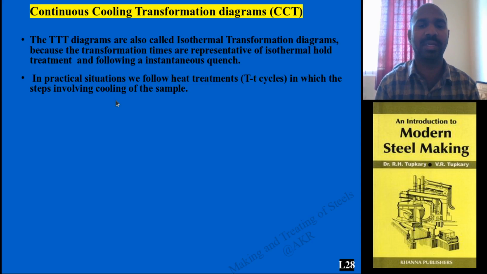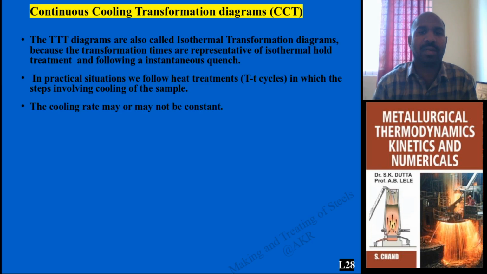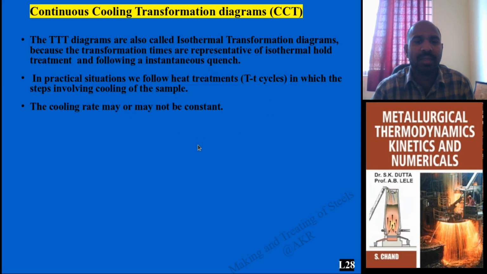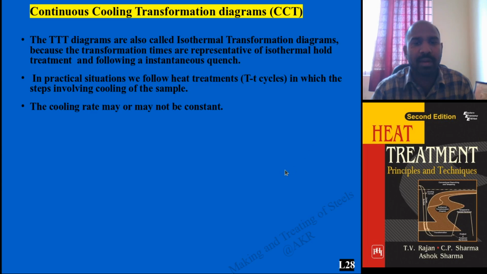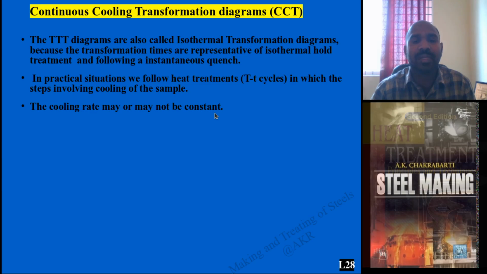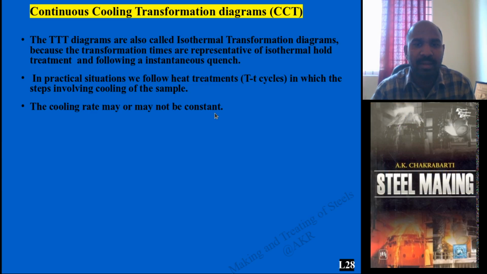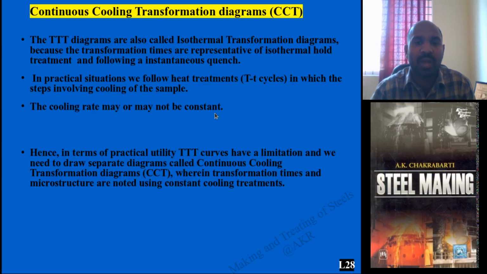These two parameters need to be addressed and calculated exactly, because this cooling rate, as the temperature is dropping down within the furnace or in the atmosphere at the quenching time, quenching is nothing but cooling time, may or may not be constant.